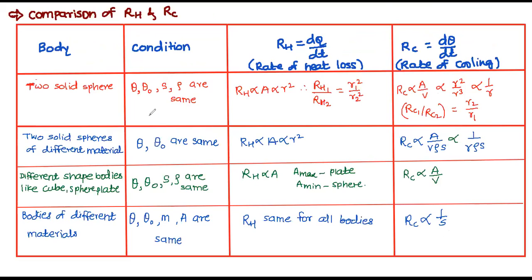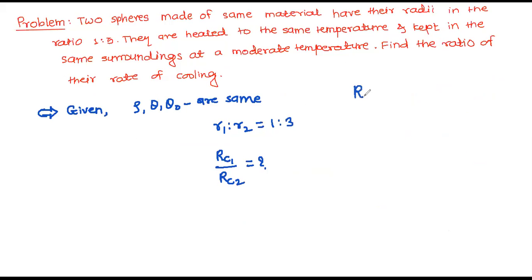Rate of cooling, here you see, for two solid spheres, last corner, it is inversely proportional to R. Yes or not? So therefore RC is inversely proportional to R, and therefore RC1 by RC2, the rate of cooling, is equal to R2 by R1, which is equal to 3 is to 1.